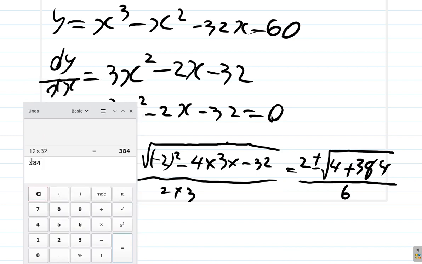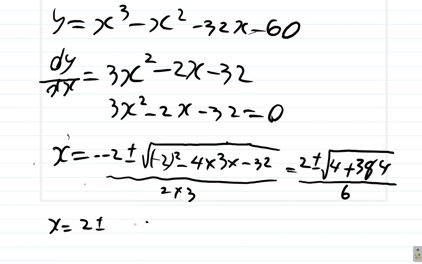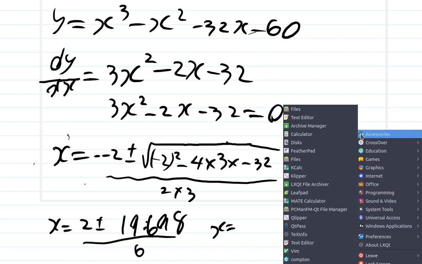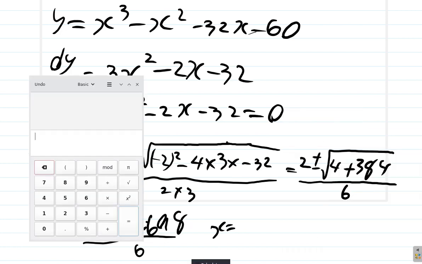So the square root of 388 equals 19.698. We're keeping to 3 decimal places until we finish. So what we have is 19.698 over 6. So x is equal to 2 plus in one case and then 2 minus in the other case. So let's just work out what x would be equal to.